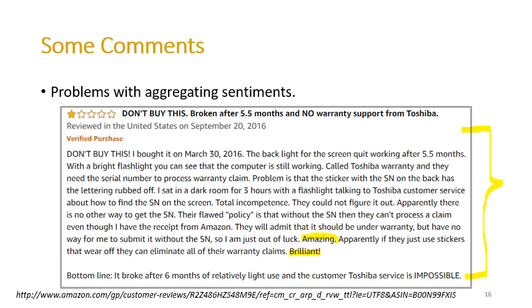You need to see that this amazing follows the story about something else in which this reviewer is feeling that he or she is out of luck because his laptop is broken, but there's no warranty support. Okay, so he or she said amazing, but it is sarcasm. But to detect that kind of sarcasm, you have to go back to the previous sentence.